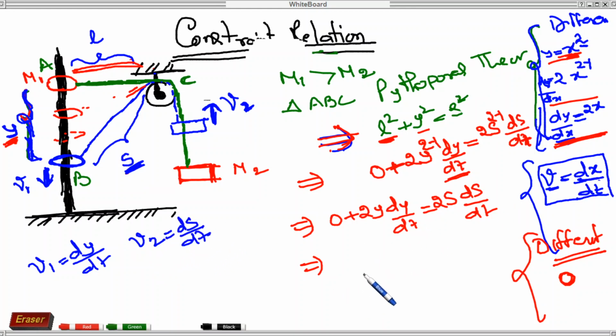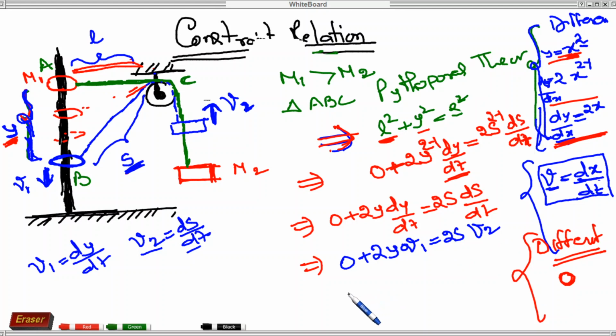When we put this here, 0 plus 2y into dy over dt, which is v1, is equal to 2s, and ds over dt is v2.